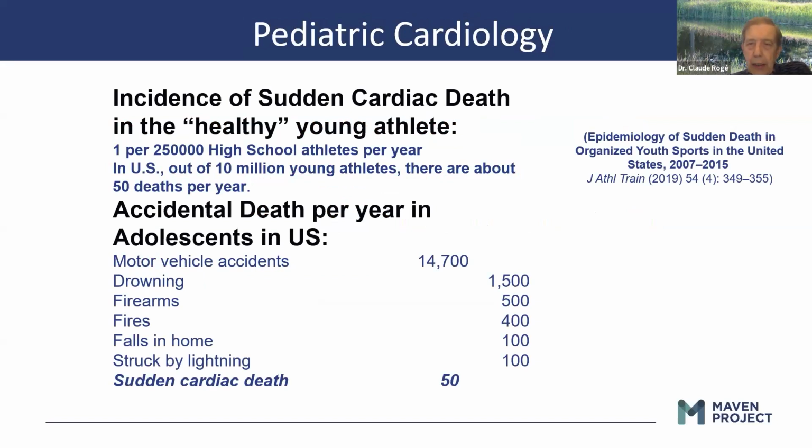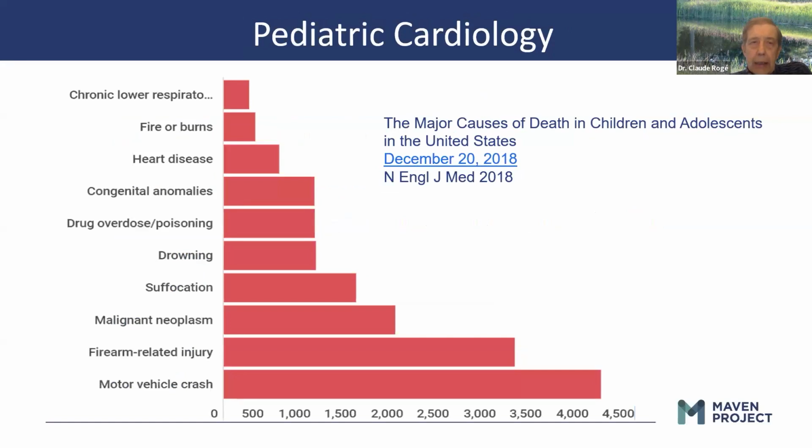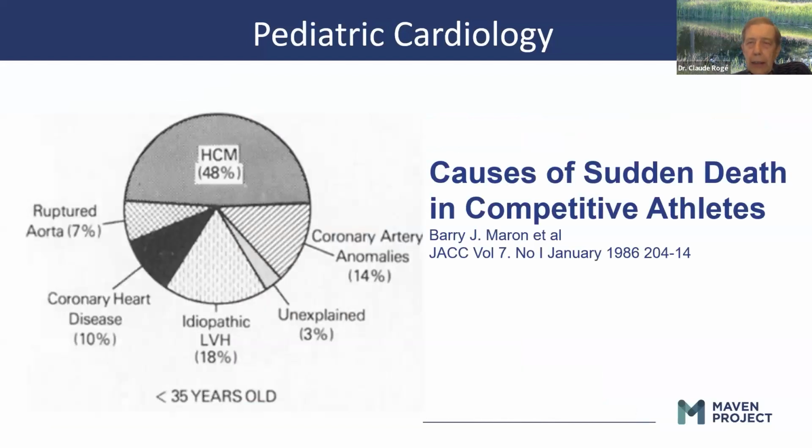So it is a rare condition. And as you can see in terms of the cause of death in children and adolescents, heart disease really is not very frequent. There are lots of other much more common causes of sudden death. So it's not going to happen often, but you need to see if you can detect those conditions and act appropriately.